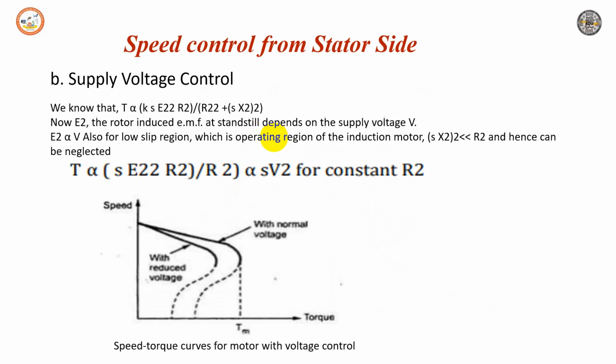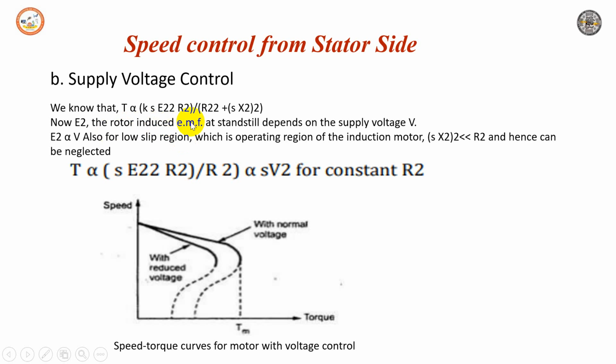So, speed control by supply voltage control. In supply voltage control, we know the torque relation; if you observe here, we need to control this voltage. So we have to have a reduced voltage, only in the low slip region.